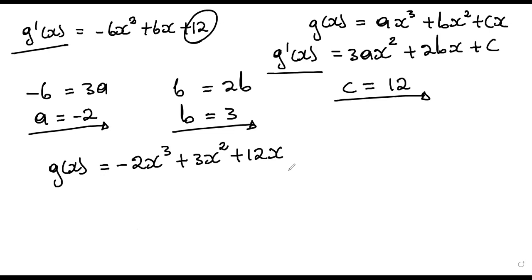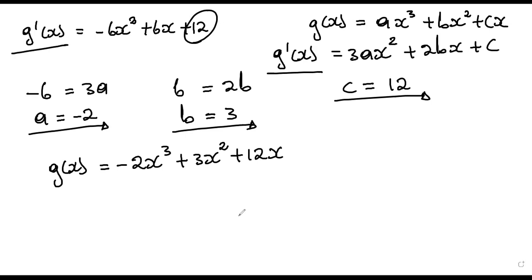It was a matter of differentiating the original function and then equating the coefficients. So you'll do this every time they give you the function of the derivative, and then they expect you to find the cubic function itself. Easy enough. Okay, that's fine.